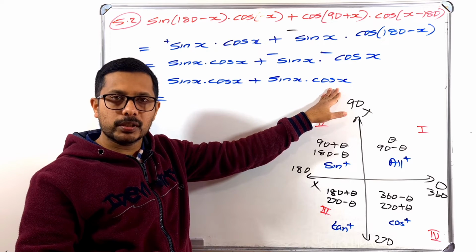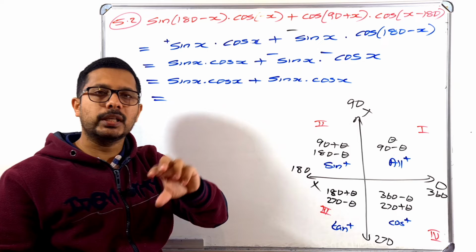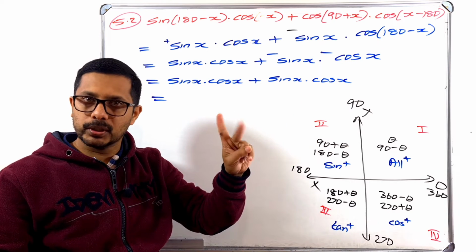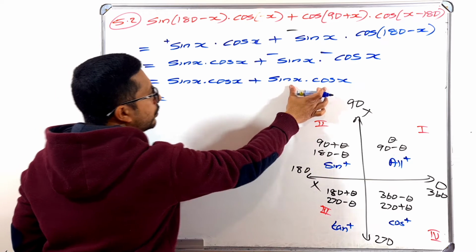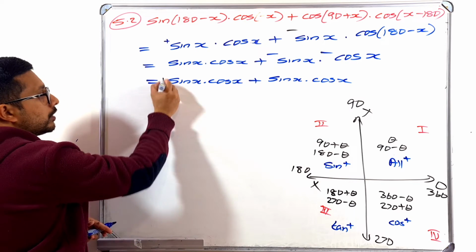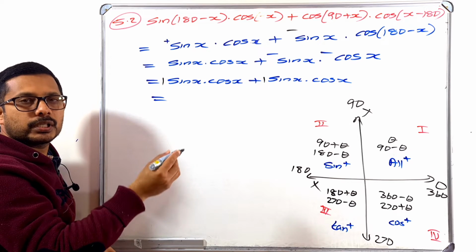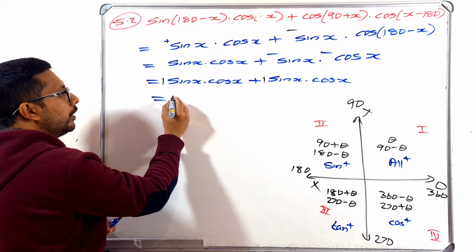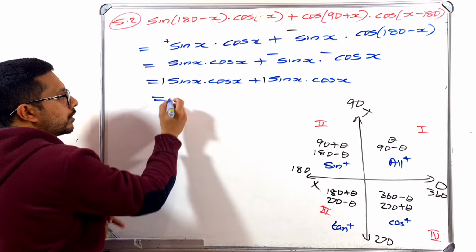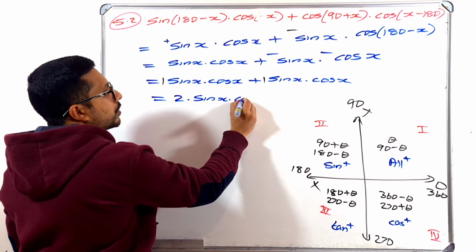These are like terms. So how many sin x cos x are there? 2 sin x cos x. Am I right? You can say this is 1 sin x cos x, here also 1 sin x cos x, so it is 2 sin x cos x.